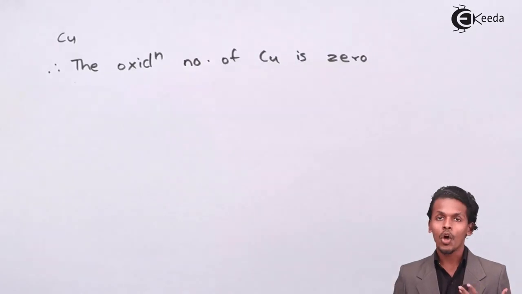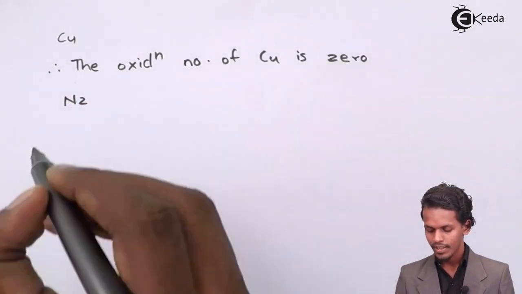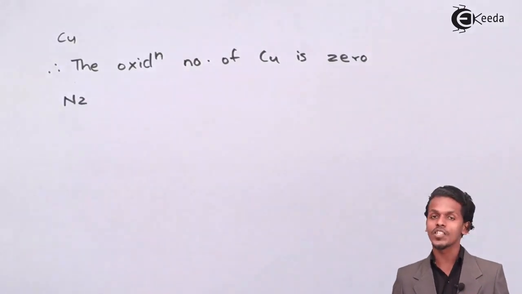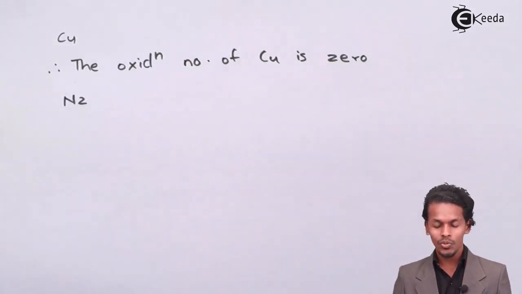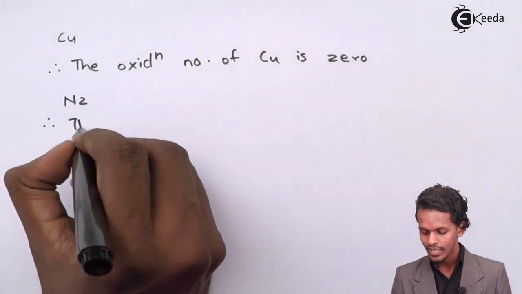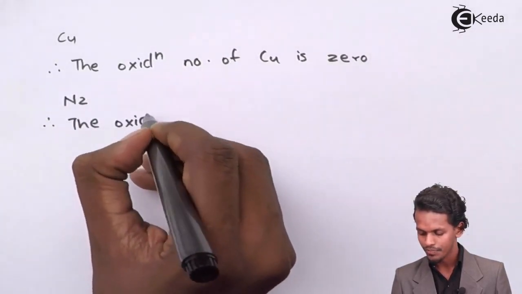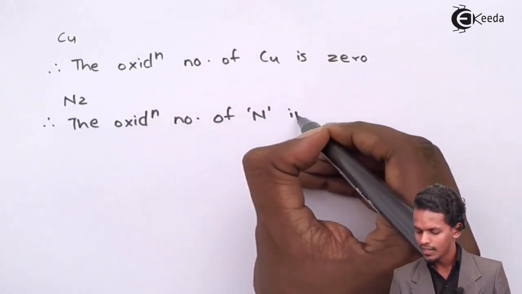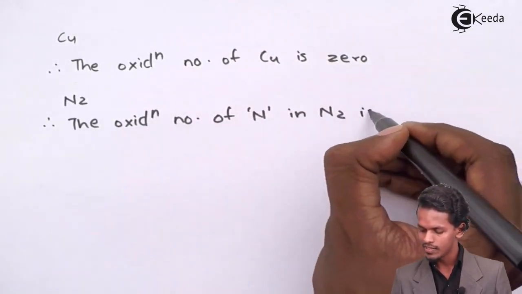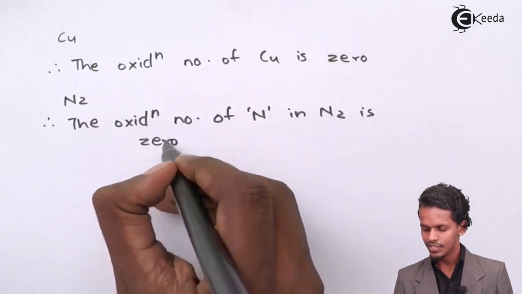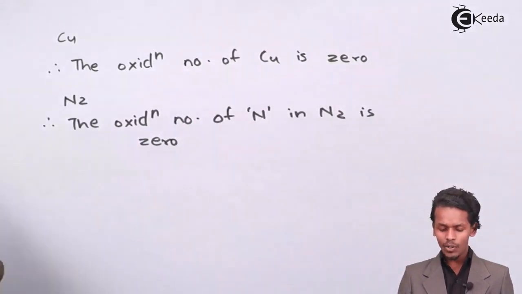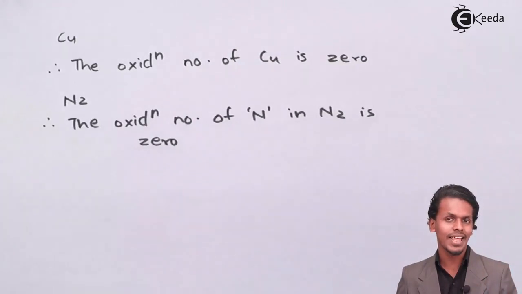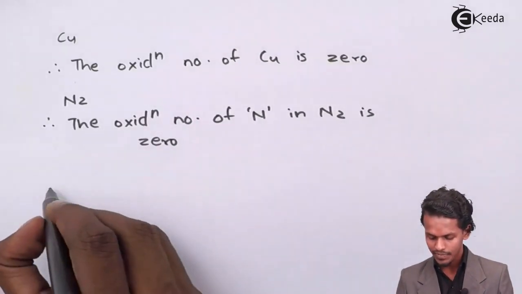We also observe the next product, which is N2, and in N2 also there is no charge present on the molecule, so the oxidation number of nitrogen in N2 is 0.